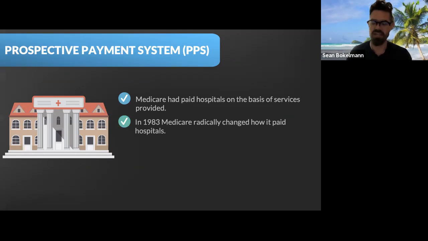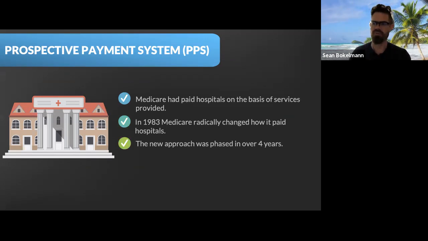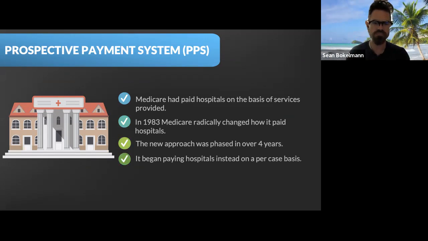But this same legislation in 1983 also changed how hospitals were paid. The approach was phased in over 4 years as to not shock the system too much. And what it did is it started paying hospitals on a per case basis or a per patient basis rather than a per service basis.